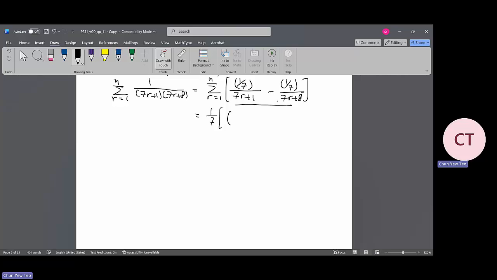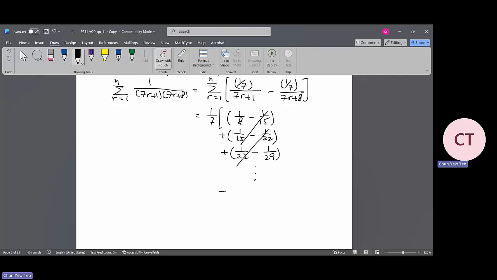When r is equal to 1, you get 1/8 minus 1/15. When r is equal to 2, you get 1/15 minus 1/22. When r is equal to 3, you get 1/22 minus 1/29. You can see the pattern of cancellations will be like this.